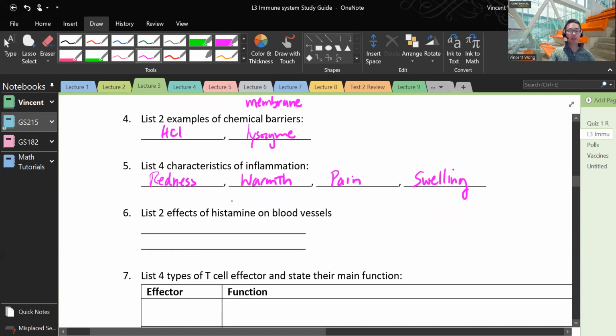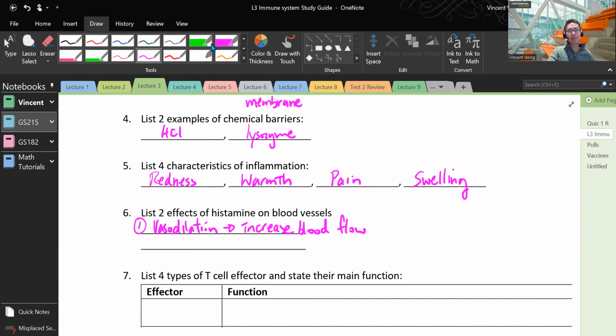Okay. So how come we have these characteristics in inflammation? Well, that's primarily due to the effects of histamine on blood vessels. Earlier we mentioned one of the effects of histamine is vasodilation. So vasodilation will increase blood flow.